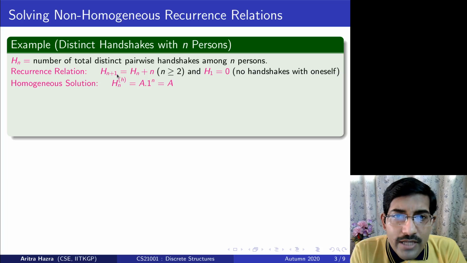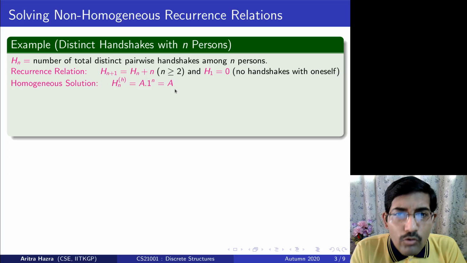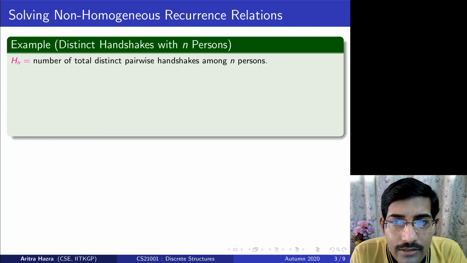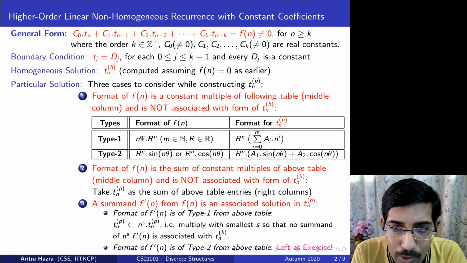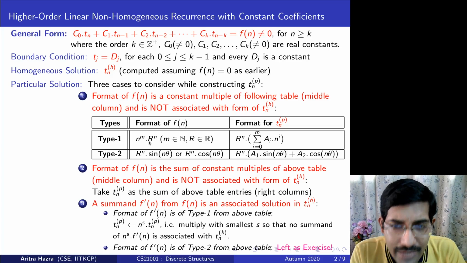Homogeneous solution: h(n plus 1) equals h(n), this will give me some constant into 1 to the power n, that is that constant itself. Now going for a solution which is of particular type, let us look back to this table. Our F(n) is of this format because m is 1, r is 1. So it is of n to the power 1, 1 to the power n. So it gives me n.